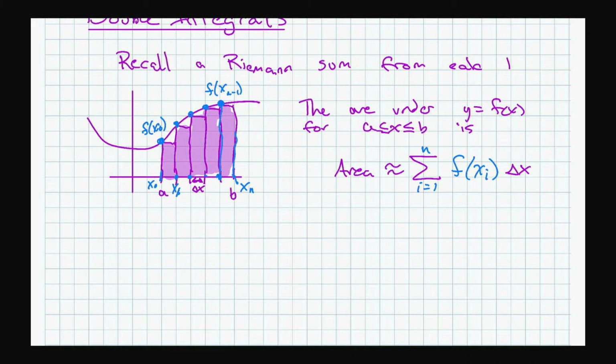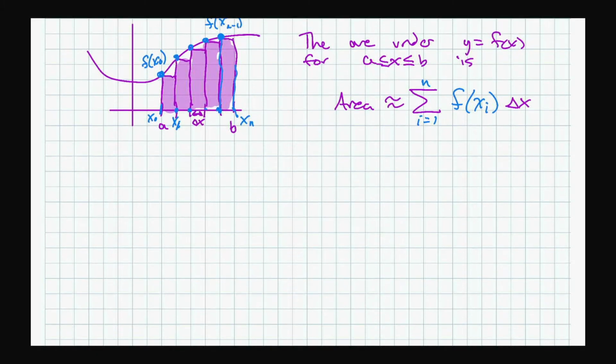And then what we did from there is we said that we were going to let n go to infinity, which involves some other stuff going on, like, for example, the delta x ends up having to go to 0, because the width of each rectangle is getting smaller and smaller. Then we would say that the area was exactly equal to that limit as n goes to infinity of this sum.